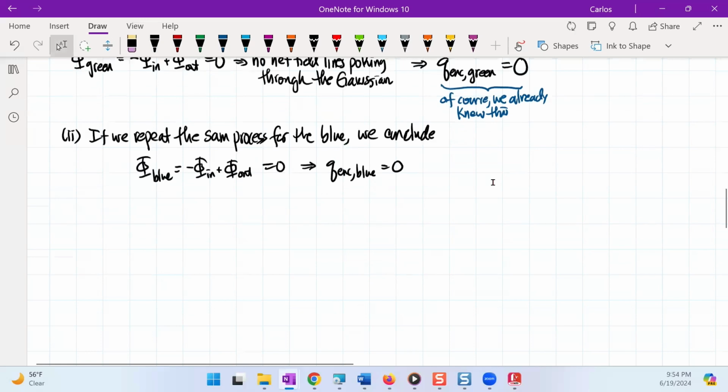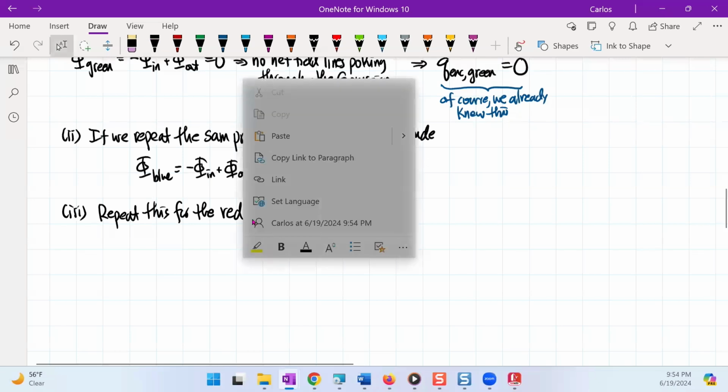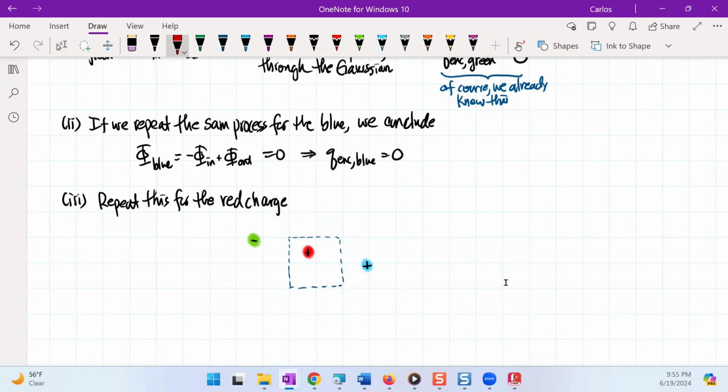We knew that already. So now the last thing I want to say here is that now we want to repeat this for the red charge. So if I ignore the green and the blue because we already dealt with them, we can see here is that I'm going to have a higher field there.